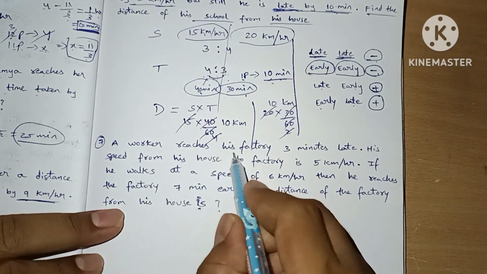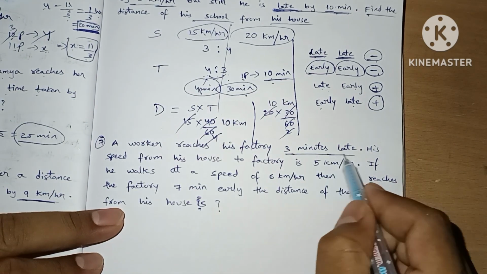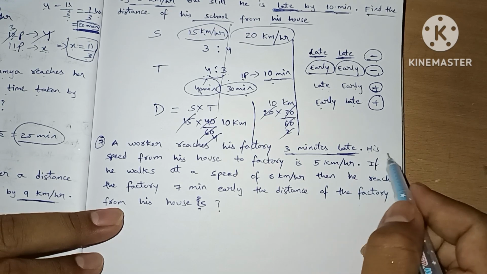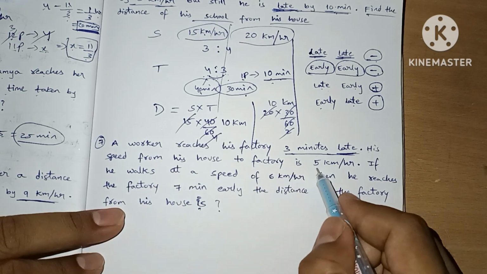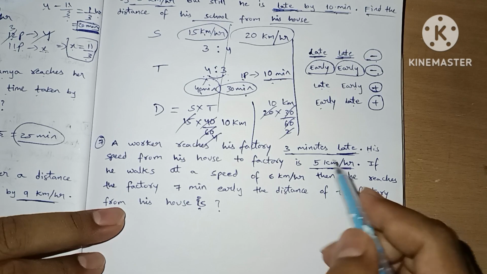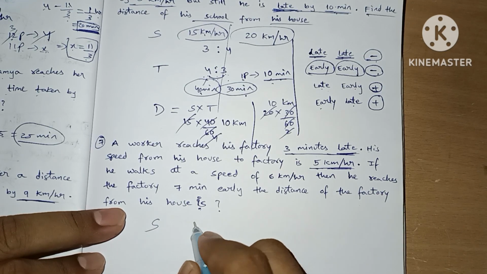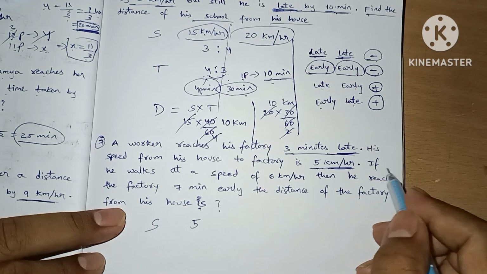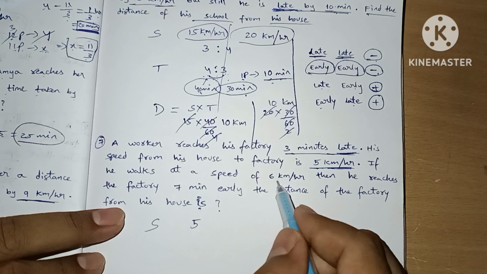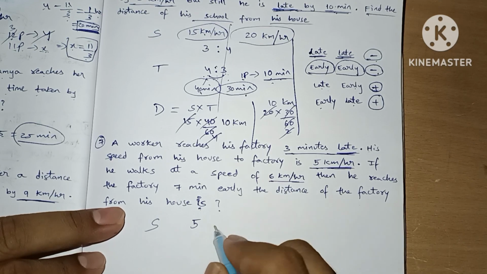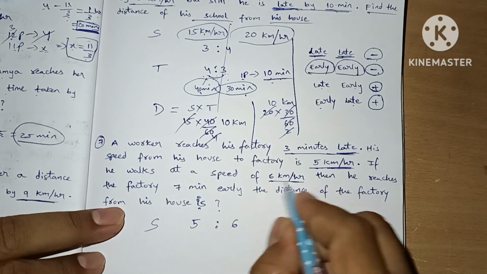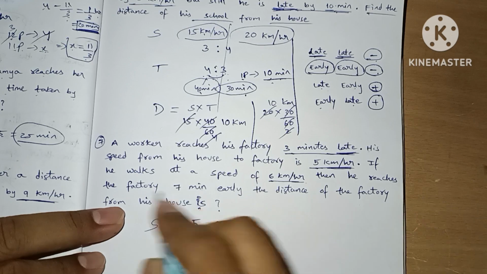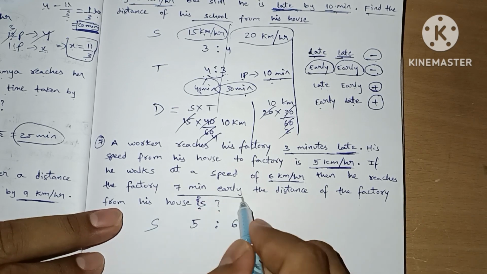A worker reaches his factory 3 minutes late. Here it is late. His speed from his house is 5 kilometers per hour, so speed S1 is 5 kilometers per hour. If he walks at a speed of 6 kilometers per hour in the second time, then he reaches the factory 7 minutes early.